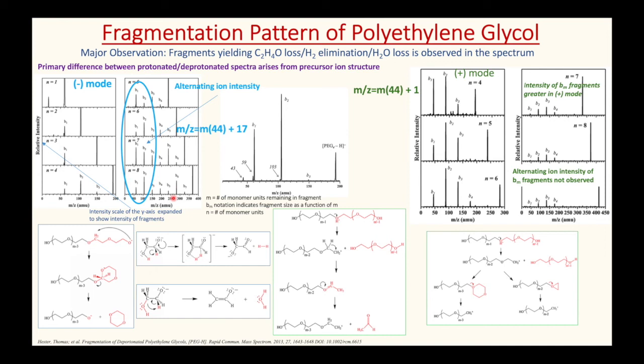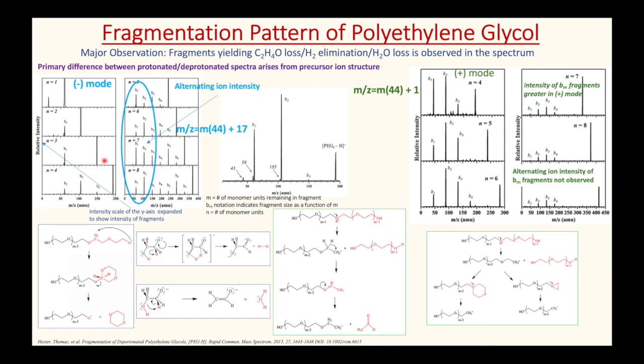Well, the B notation is really used to depict the fragment size as a function of the number of monomer units. So what we see in the negative mode is that the polymer size also can influence the spectral pattern.